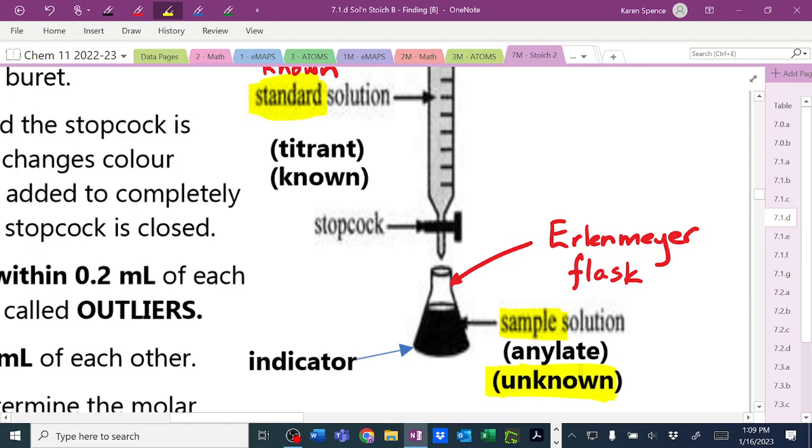You can call it the analyte, but you don't have to, okay? So I'm going to put those in black diamonds. Analyte and titrant. We'll just call those black diamonds. If you want to learn them, you can, but you don't have to, okay? And of course, down here we have the stopcock that lets the solution drip out. We can't drip stuff in. That doesn't make any sense.